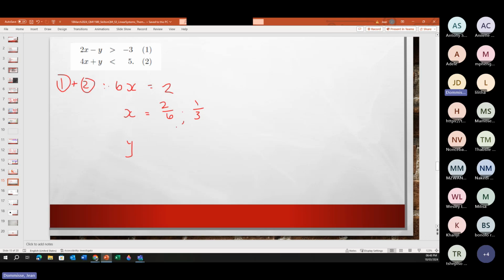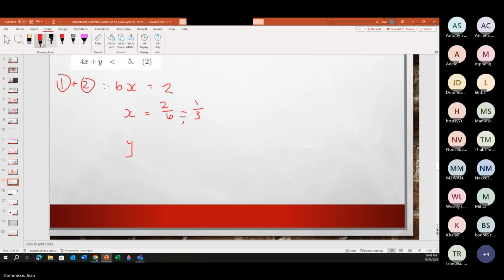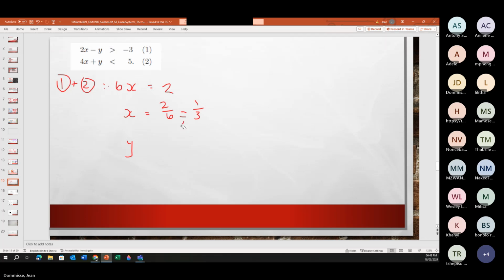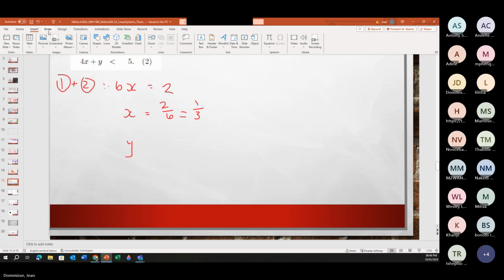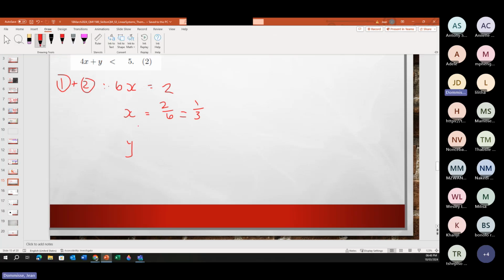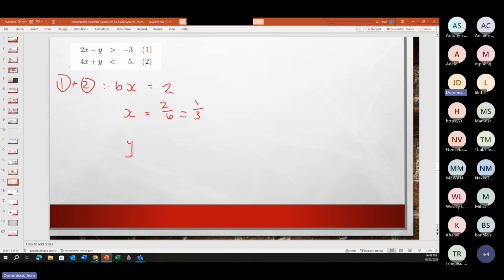So let me show you how we would have drawn it, so that you can get an idea, because I do think that is important, and how we will manipulate the formula a bit.